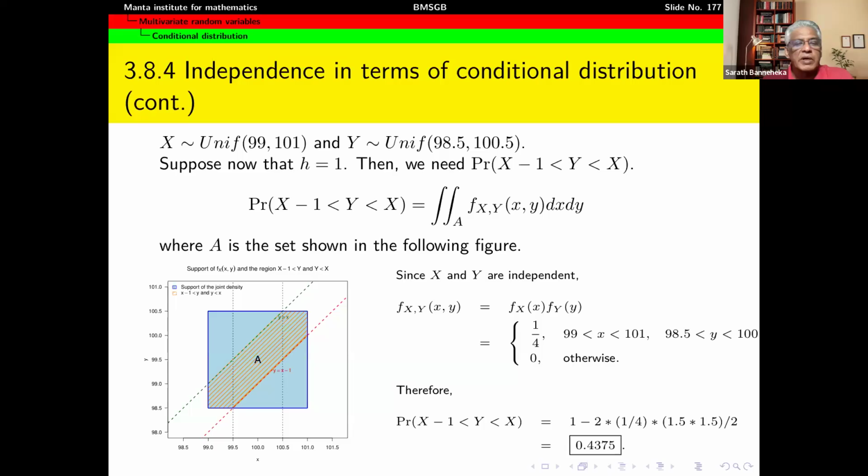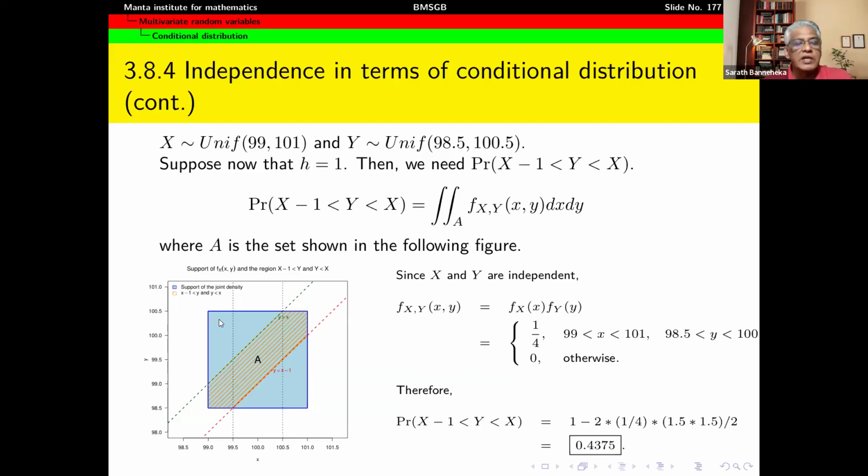That is one way to do it. But I think it is even easier if you calculate this probability by taking 1 minus the probability over this area and this area, the blue area, this triangle and this triangle.